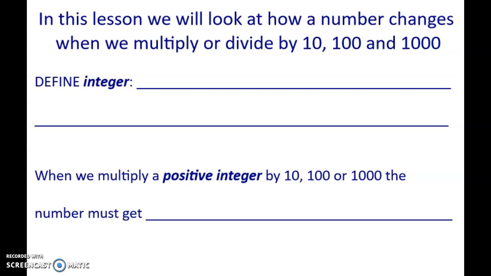The first one is asking for a definition of an integer. So can you explain the meaning of the word integer? And the second one says when we multiply a positive integer by 10, 100 or 1000, the number must get something. Pause the video and see if you can tell me the answer to those two blank spaces.